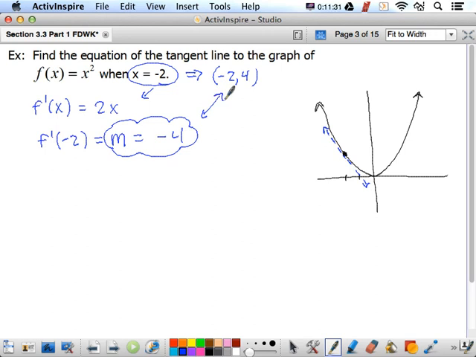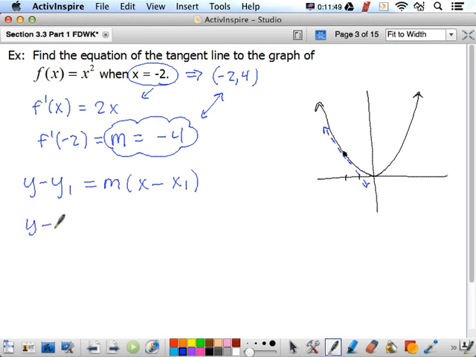So now I can use point-slope equation to find the equation of the tangent line. So we have y minus y1 equals in parentheses x minus x1, close the parentheses. A lot faster than using the limit process.